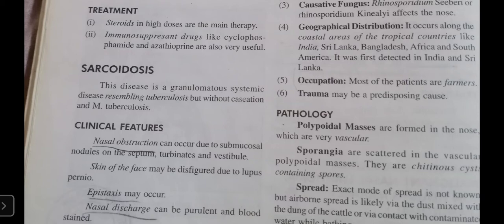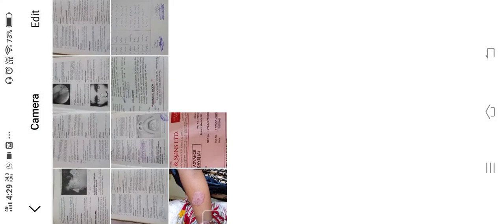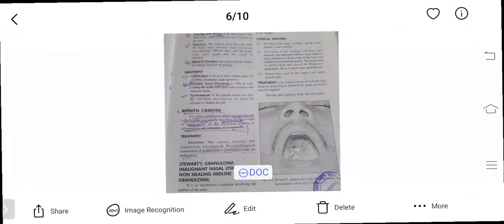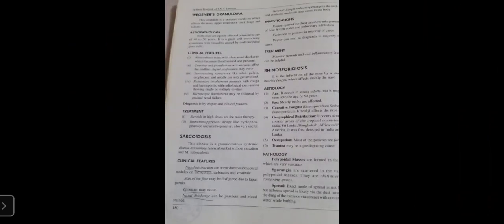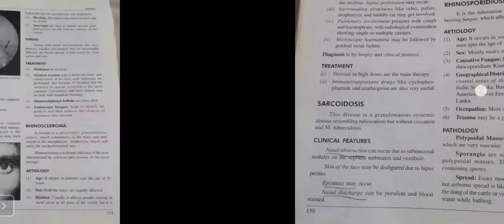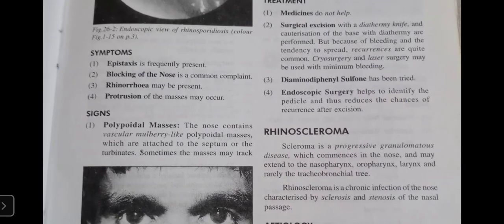Okay, now the symptoms. Symptoms of rhinosporidiosis are epistaxis. It may be frequently present. Epistaxis is bleeding from nose.